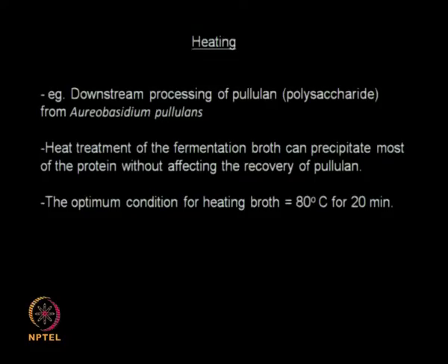Generally you heat it up to 80 degrees centigrade for about 20 minutes. So you see that when I heat at 80 degrees centigrade, most of the proteins become deactivated at that particular temperature. Whatever proteins are present, once they get deactivated, the chances are they will precipitate out.